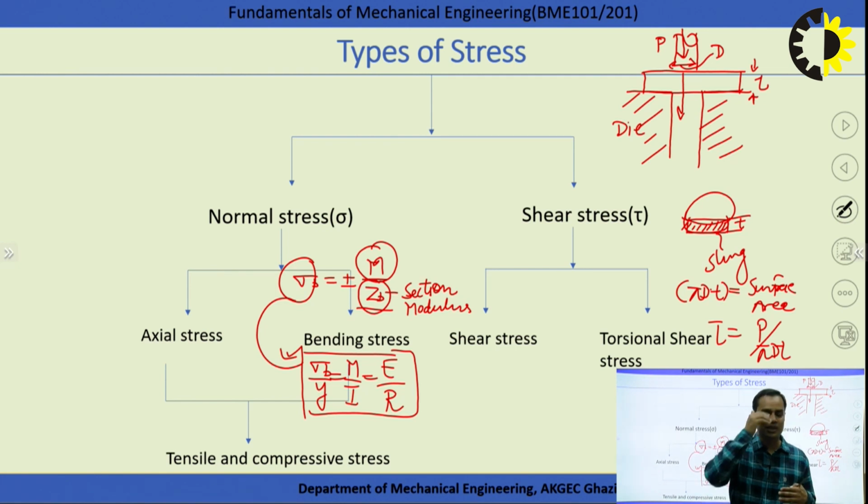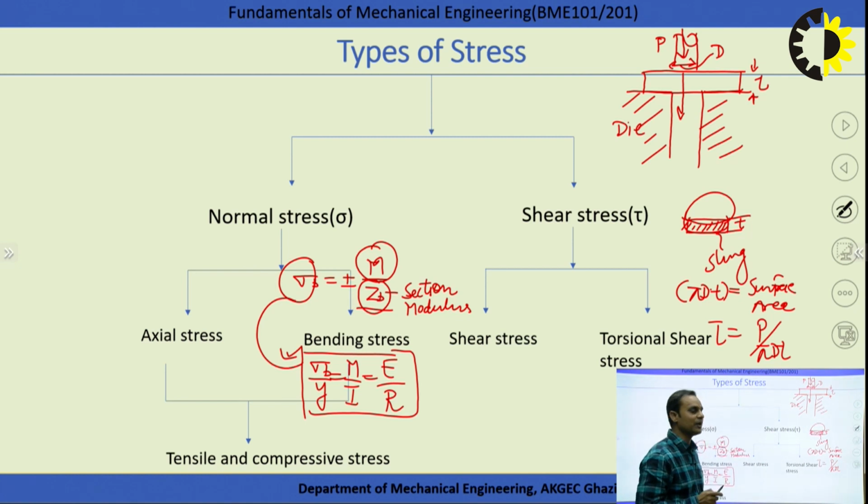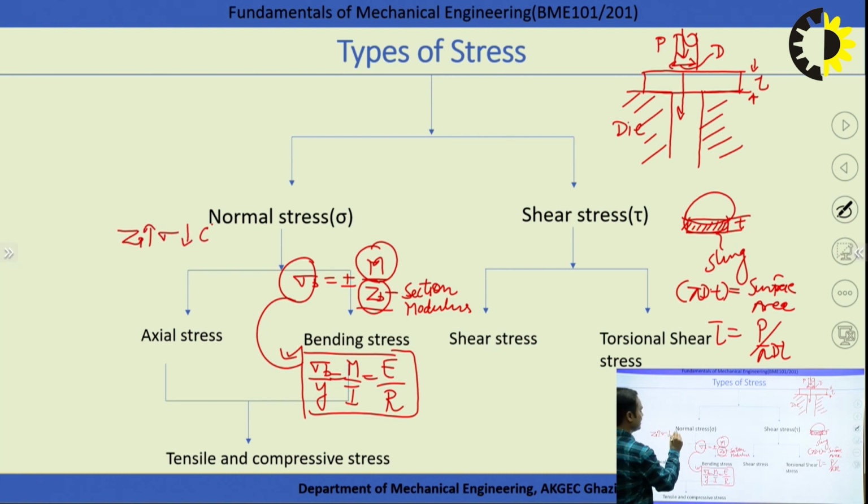We have to check which one is the strongest section against bending. So which factor do we have to compare? We have to compare the section modulus. The larger the value of section modulus, the smaller the value of stress, and the smaller the stress, the chances of failure will be less.